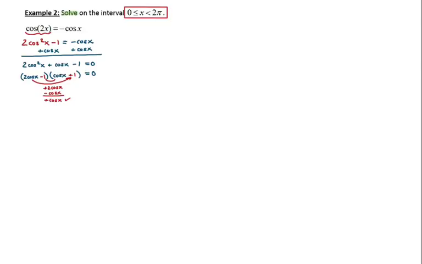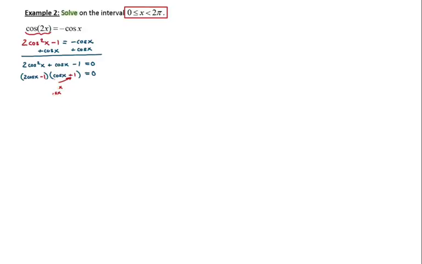Because if I had my plus 1 and minus 1 in the opposite spots, my outside-inside product would have given me negative cosine of x, which isn't what I needed from the previous step, which means the angles I found further on in the problem definitely wouldn't be the correct angles, and therefore I would miss some solutions when I could have just taken a quick second to check my algebra here.